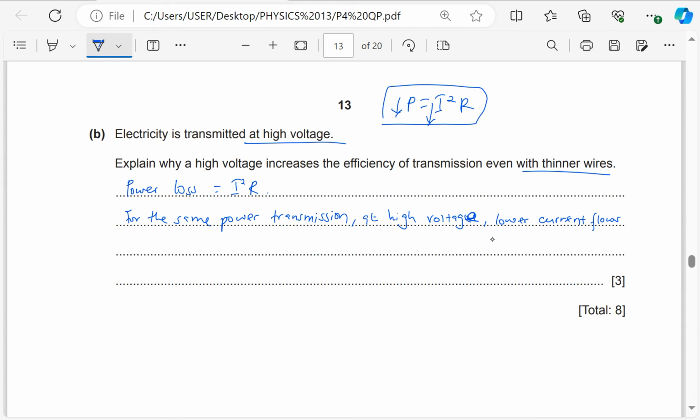Lower current flows, so there's less power loss.